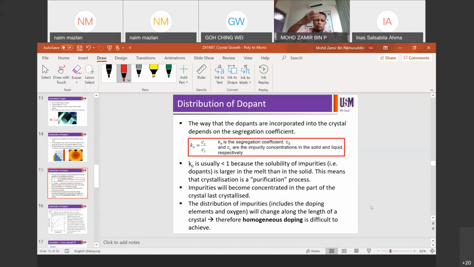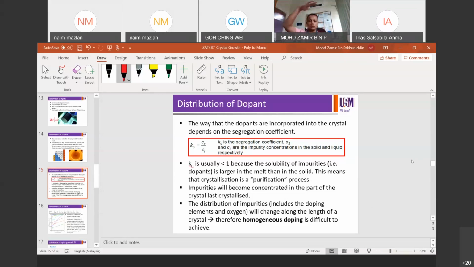So bila you pull and the dopant is being incorporated during the pull, dia akan macam berkumpul kat ujung lah. Ujung tu kita akan potong, because you don't want to have different distribution of dopant across the ingot. Kita nak dia uniform across. Kalau you dapat ingot yang tak uniform in terms of the doping level, apa implication ya?